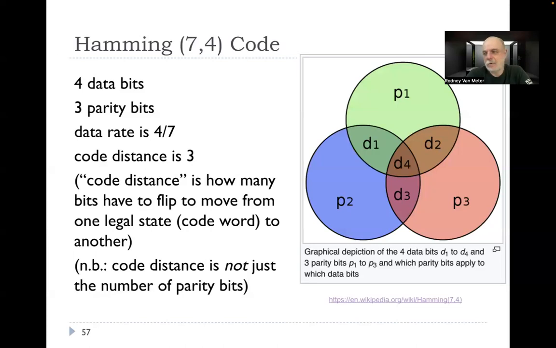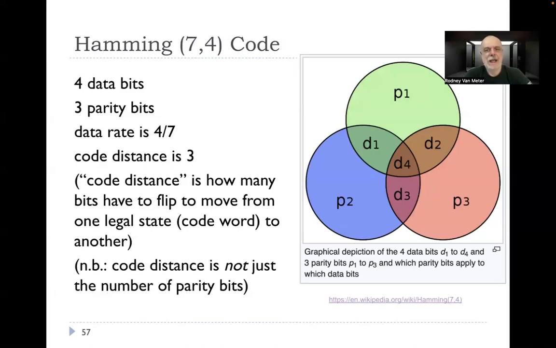This has, in error correcting terms, what we call a code distance of 3, meaning that there's a certain set of values for these bits that are legal values. And in order to get from one of those to any other one of those, you have to change actually 3 of the 7 bits. And we'll see why that's important later. Actually, we're probably not going to have time to go into that.